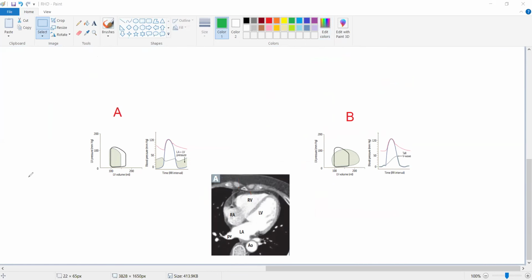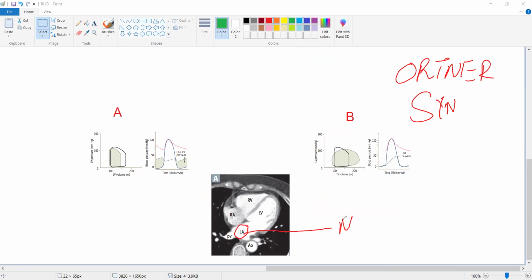So I am going to discuss another syndrome, Ortner syndrome. We already discussed this syndrome. Basically the left atrium is the most posterior part of the heart. So this is the left ventricle and this is the mitral valve. So what happens?